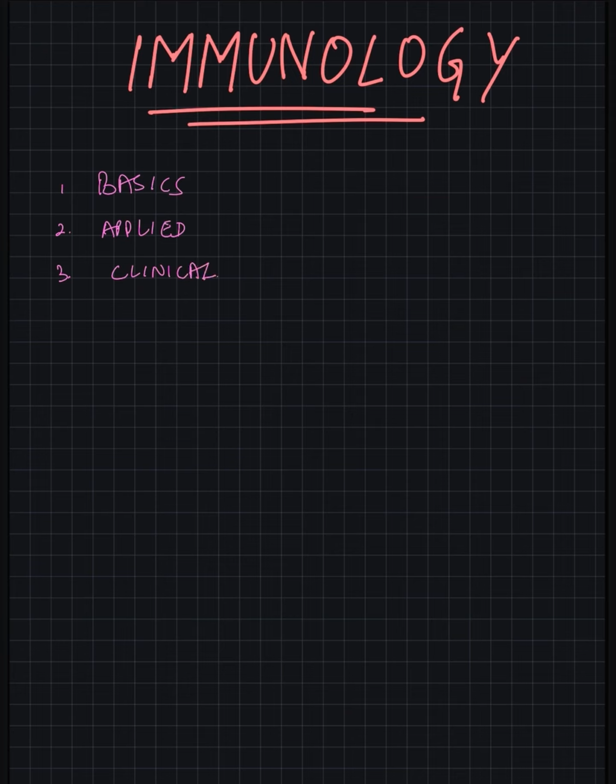So, I prefer making flowcharts or tree diagrams. It helps us to give an overview of what this topic is telling us. So today we will be looking into basics of immunology.